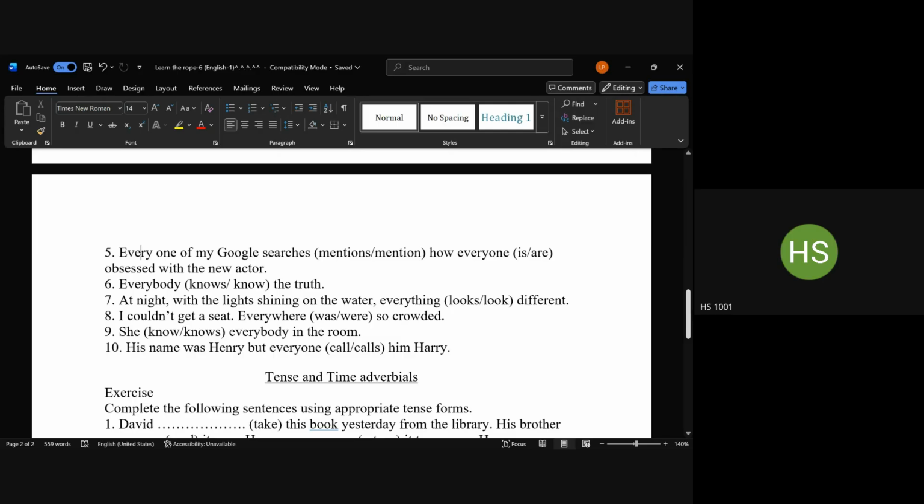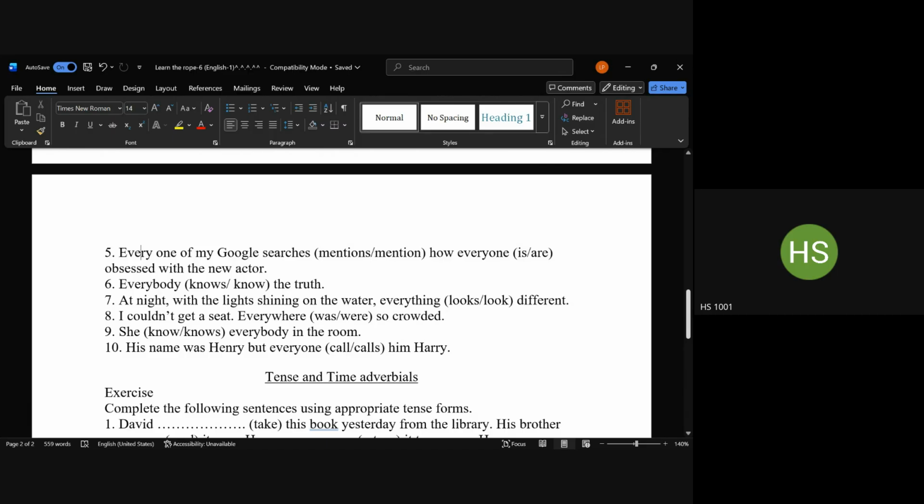Everybody, I told you, is an individual reference. The same thing applies to everything. You've only changed the kind of the subject. So this was everybody, and now we are talking about things, everything. So everything looks different. Again, singular. Remember, for all the distributive kind of pronouns, the verb remains singular, right?